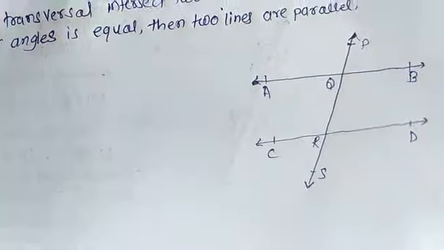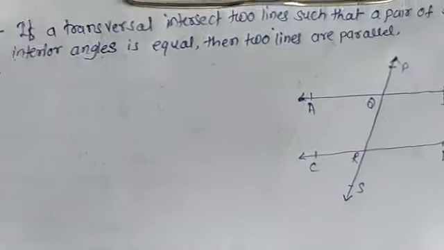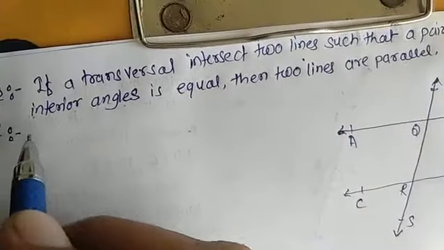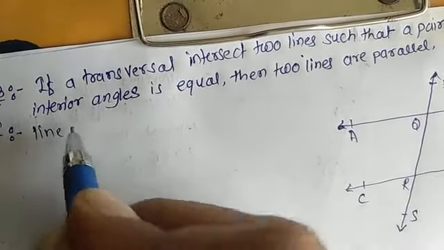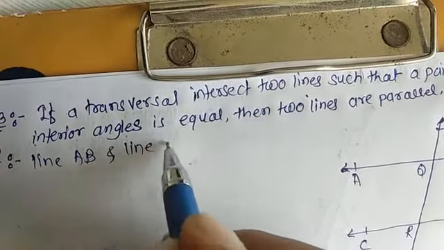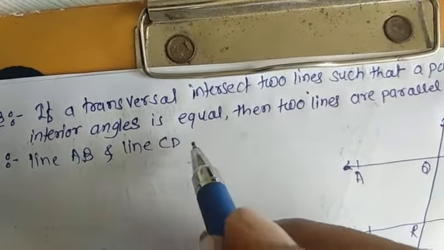Okay, now it is given that here two lines are there, line AB and line CD.